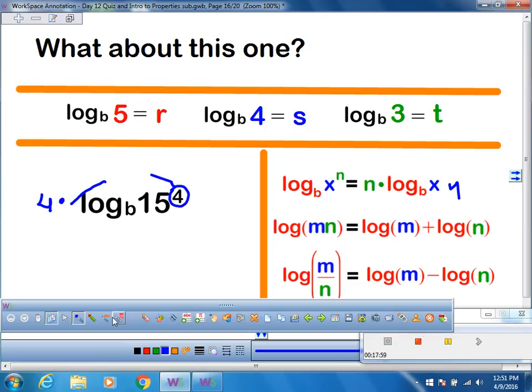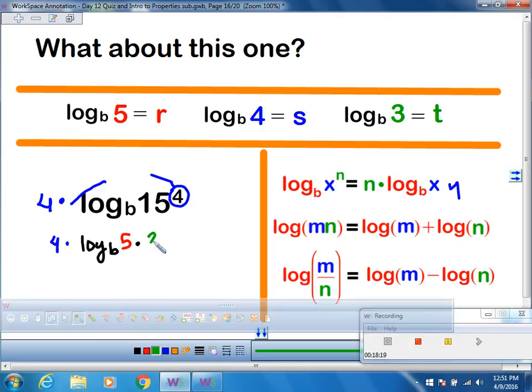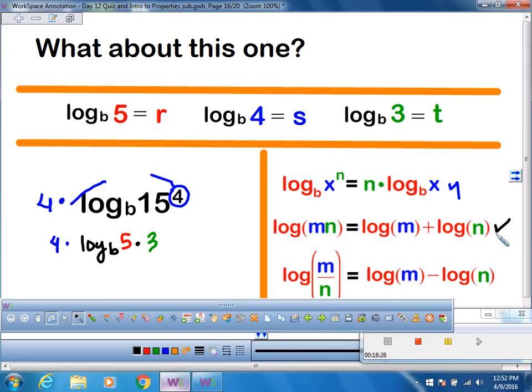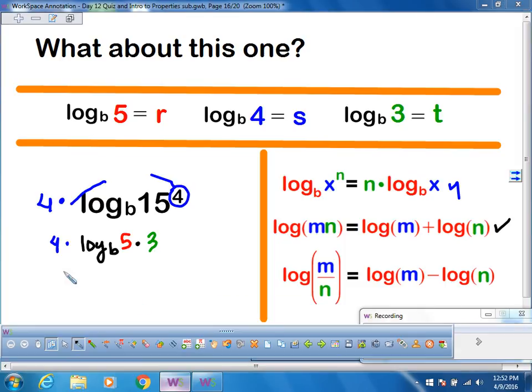Bring that out in front and makes it a 4. So now I have 4 times log b15. Well, I'm going to rewrite log b15 as log b of 5 times 3. So now I can use my product property and turn this into addition by splitting it up into 2 logs.